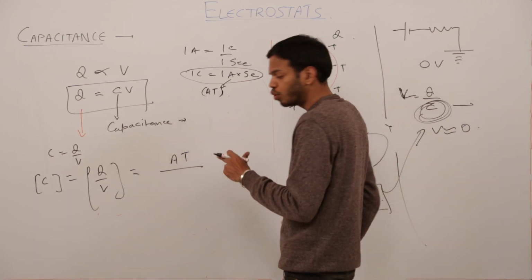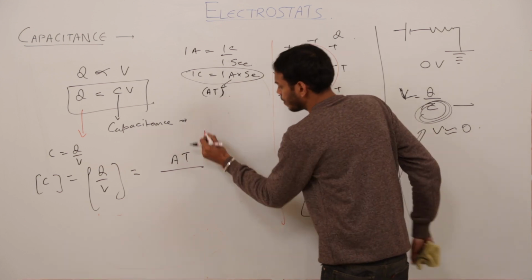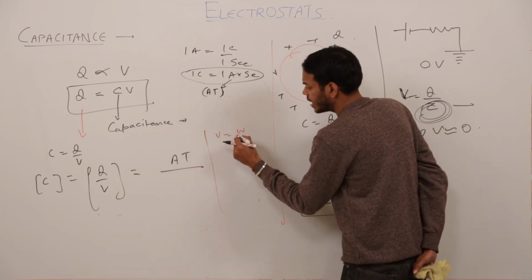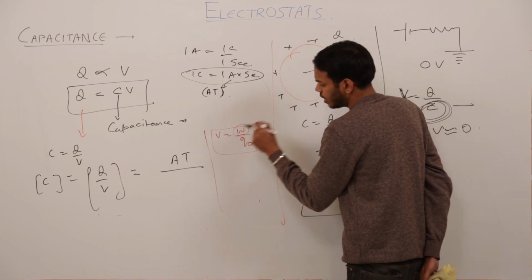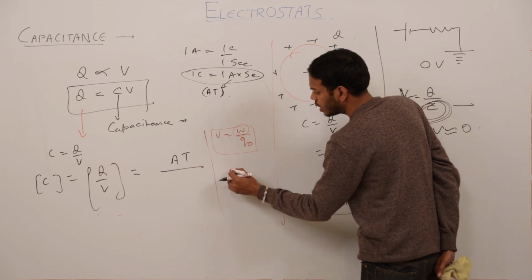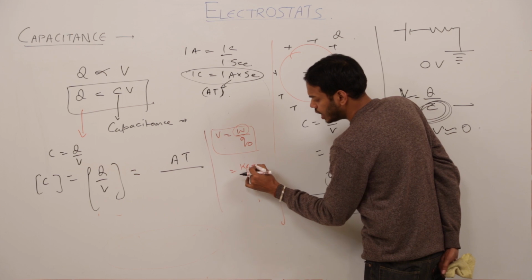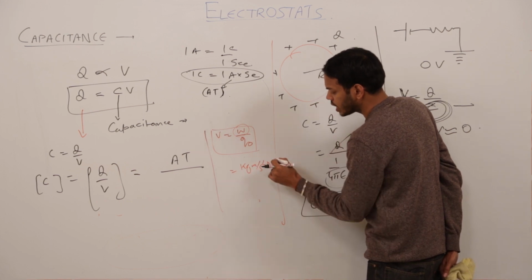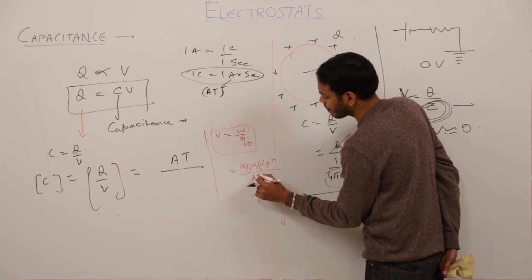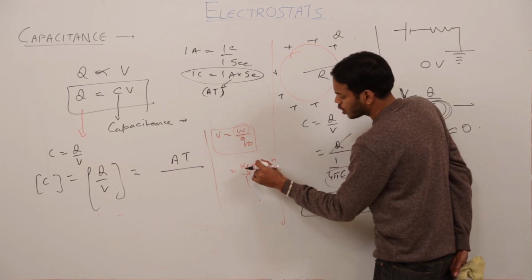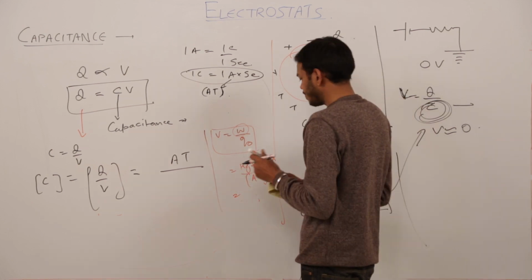Potential was work done per unit charge, right? What is the formula or SI unit of work? Work is force into distance. Force is kg meter per second square, into distance in meter, upon charge, which is ampere into time, AT. This is in terms of units: kg meter square per second square upon AT.